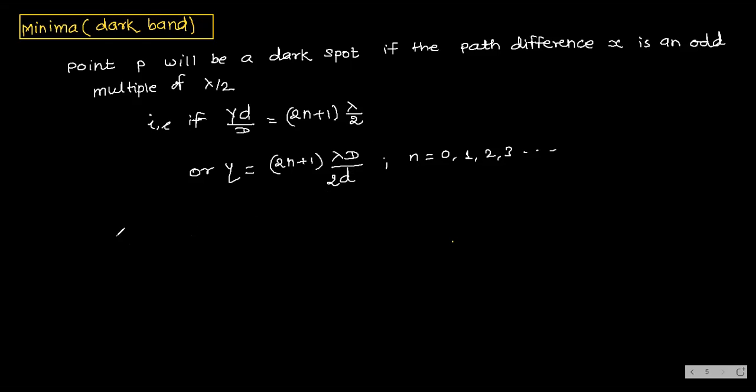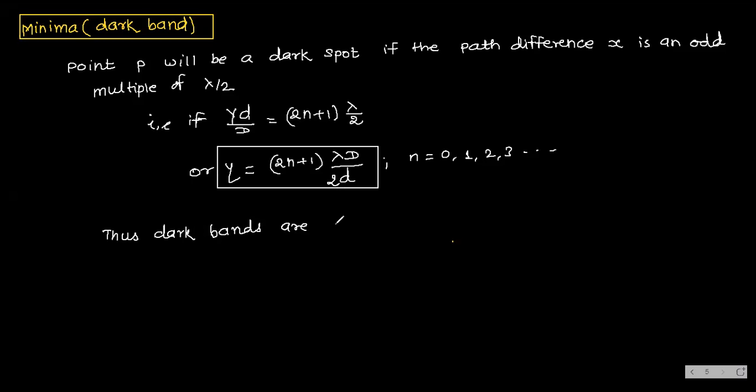So now let's see. Thus dark bands are obtained. You can keep this formula also in a box. So thus dark bands are obtained at, where put now n is equal to 0. This will become 0. So what are you getting? Lambda D by 2d, the first dark band.